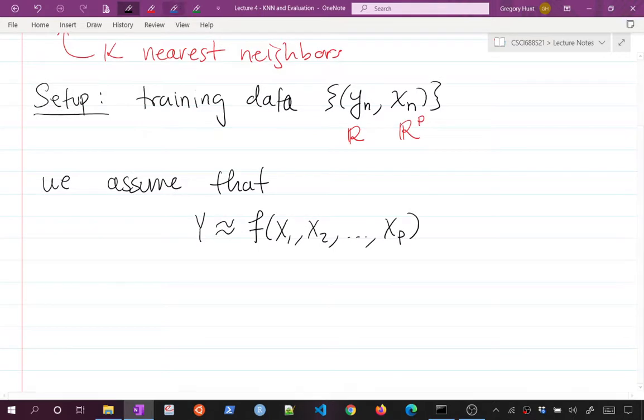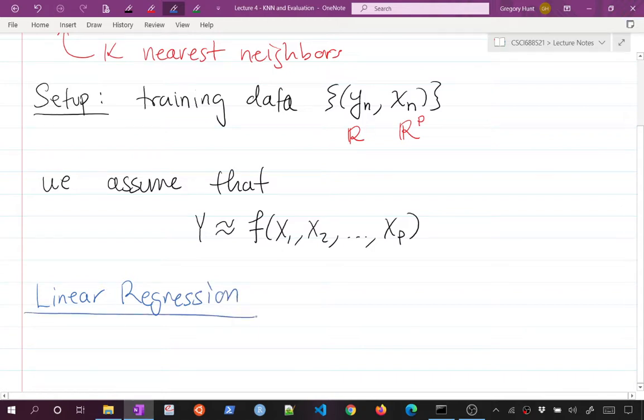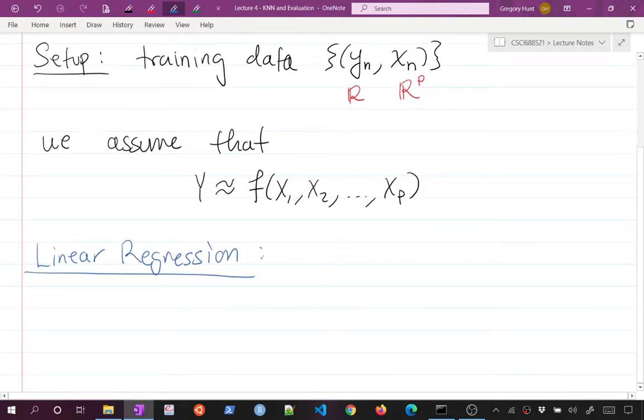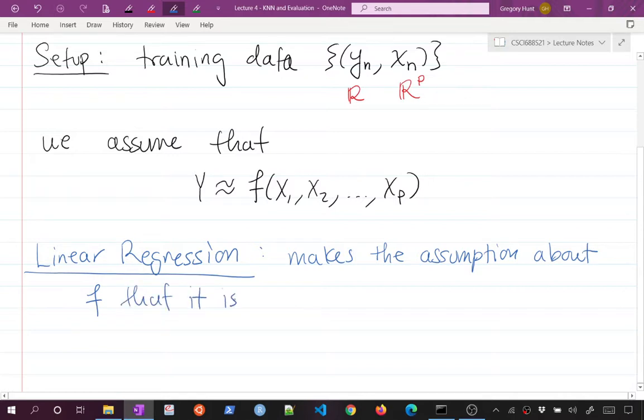And the first technique, before we talk about KNN regression, the first thing we had looked at was linear regression. And linear regression makes a certain assumption about the form of f. It makes the assumption about f that it is linear.